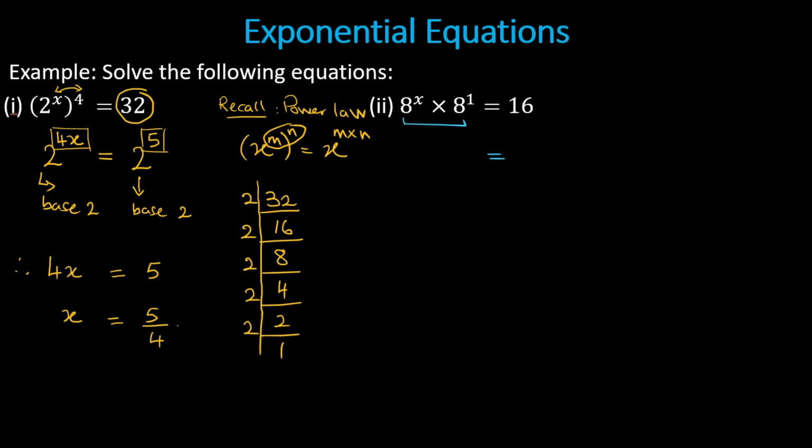And we are multiplying two numbers having the same base. So what can we do with the two powers? We need to add, because this is what the multiplication law tells us.